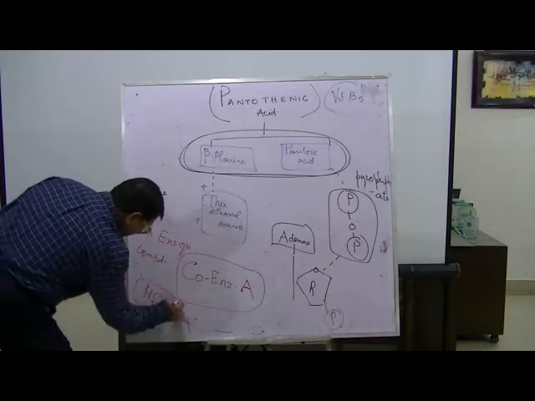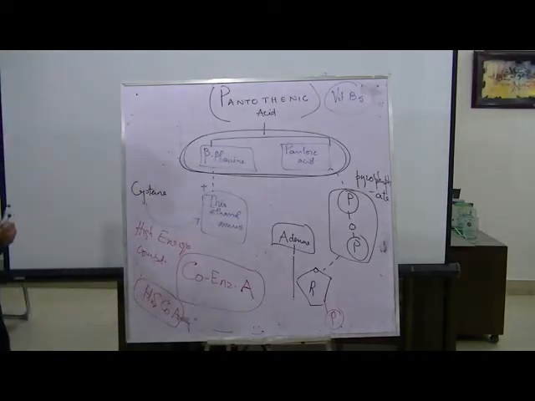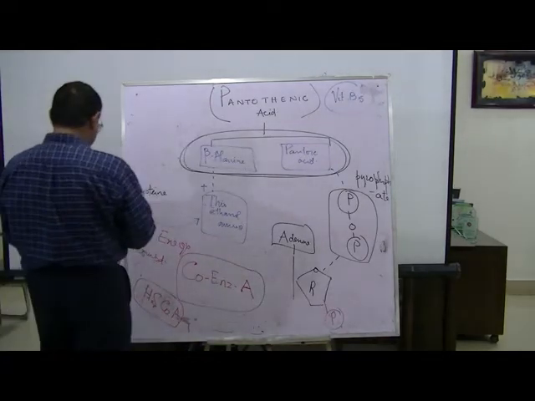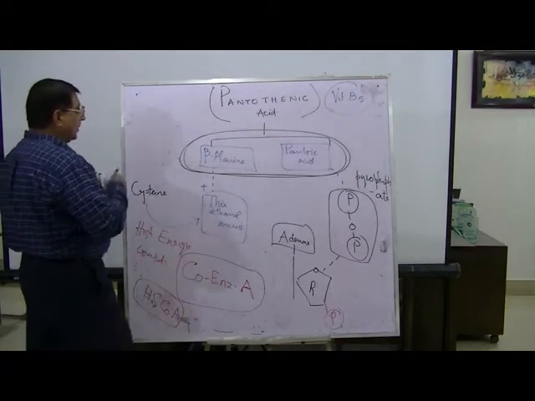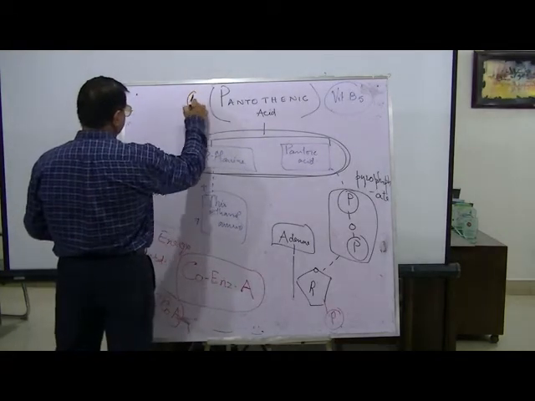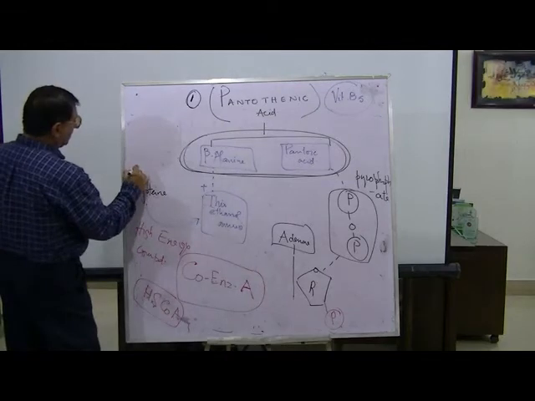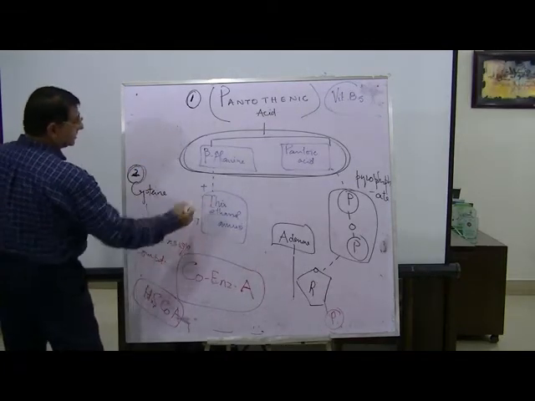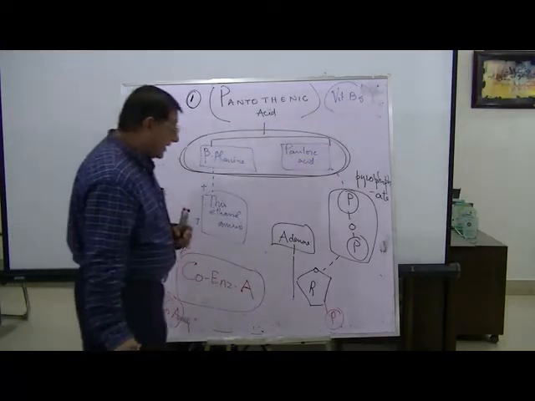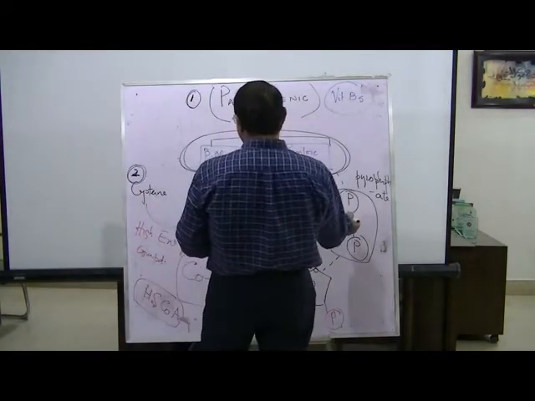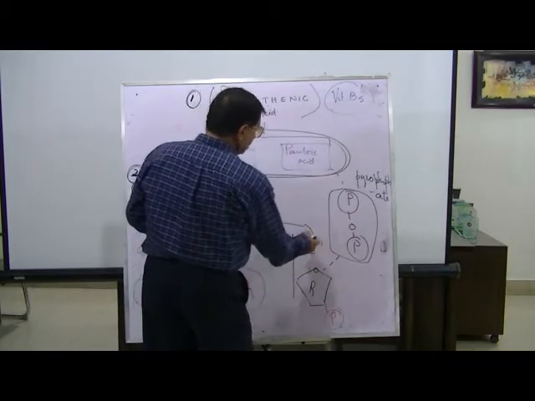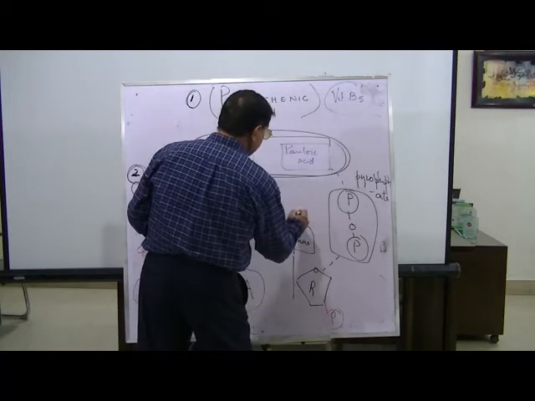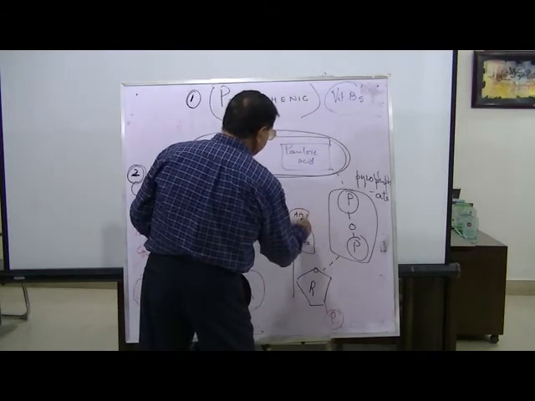This is coenzyme A. In the formation of coenzyme A, you have got one, pantothenic acid, two, you have got cysteine, which provides thioethanolamine, and then you have got the whole of it as adenosine monophosphate.